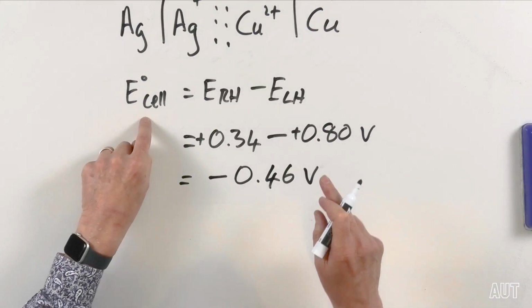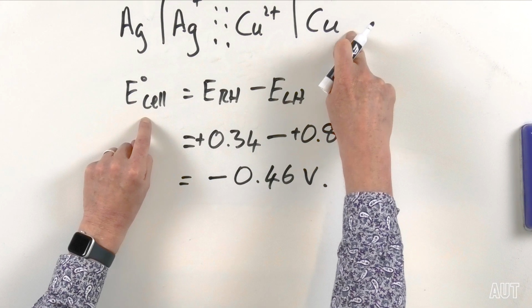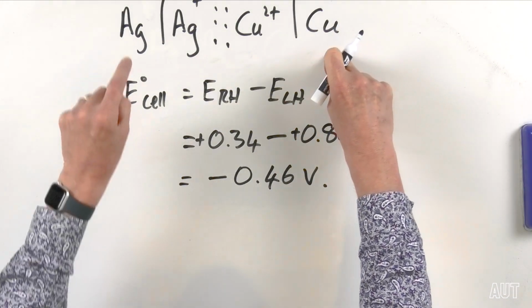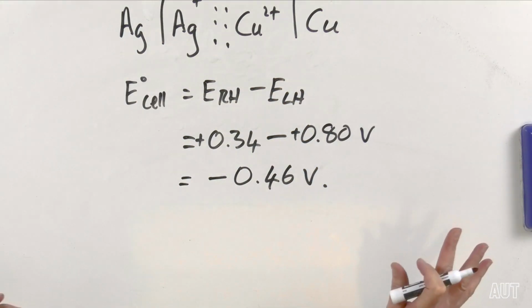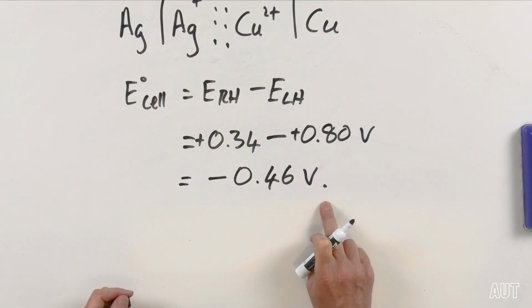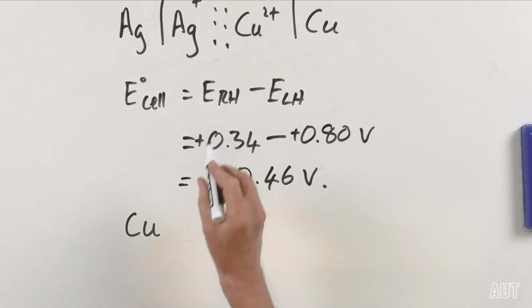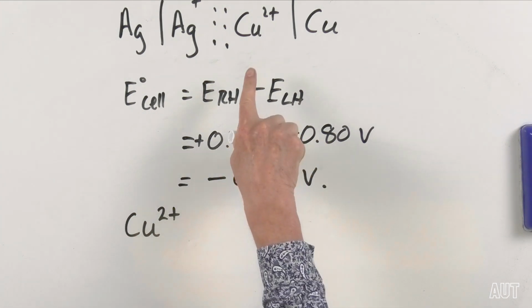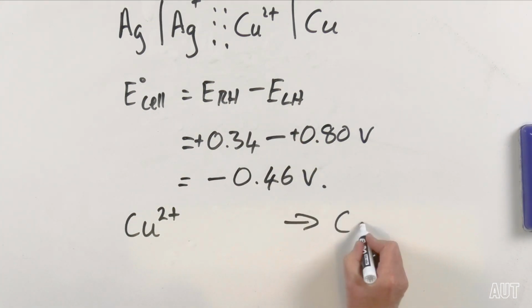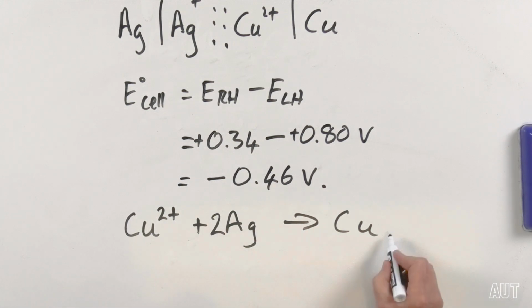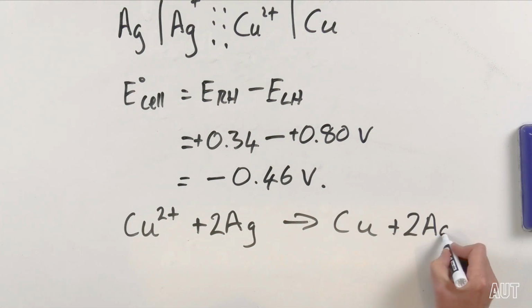Aha! We have our answer, because the E-naught of this cell is negative when we have copper at the right-hand electrode. In other words, when we have Cu2 plus being reduced and silver being oxidized, that's not going to happen. That is not spontaneous. Okay, so the defined cell reaction for this is going to be Cu2 plus being reduced to copper, and it's going to oxidize Ag to 2Ag plus.